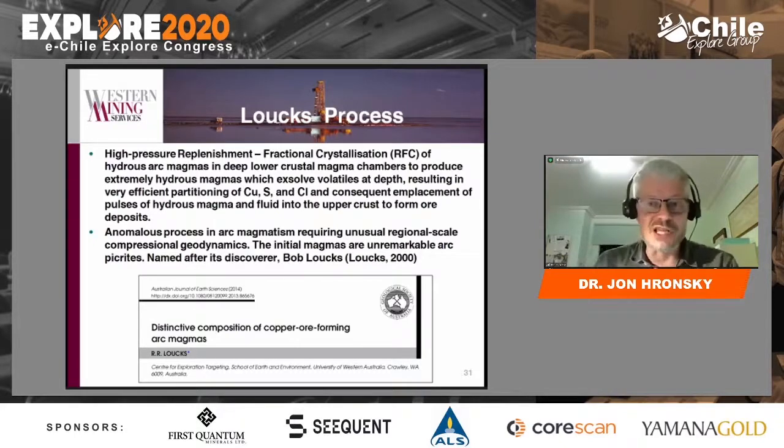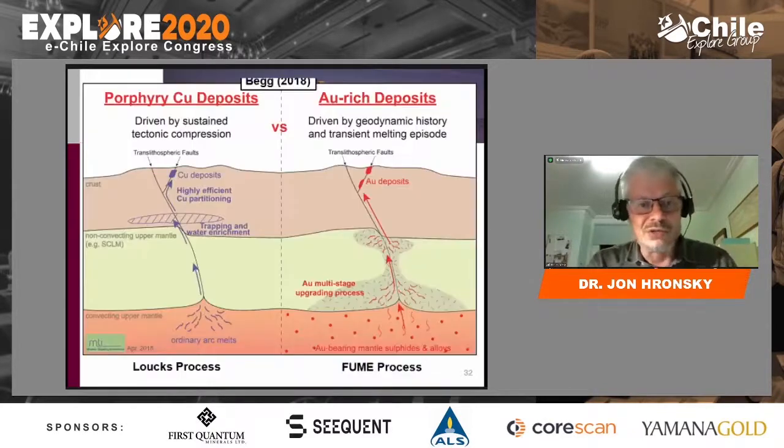Then we see emplacement of pulses of bubbles of hydrous magma and fluid into the upper crust. So anomalous processes, they require anomalous regional scale compression. If we look at a simple model, on the left-hand side, the Loucks process, which makes copper: ordinary arc melts fractionating at the base of the crust, and then of course the FUME gold process.